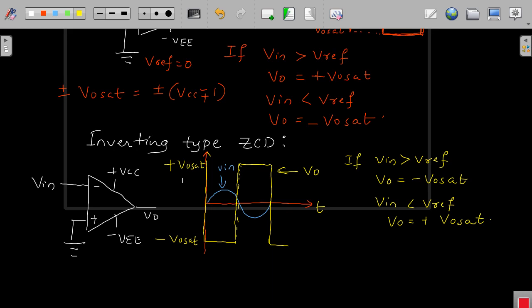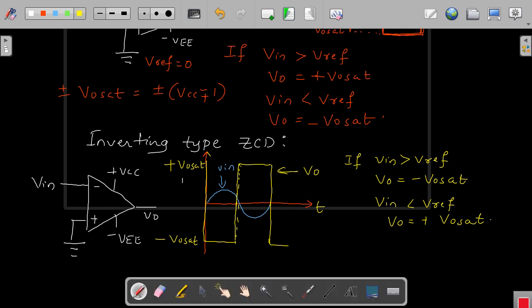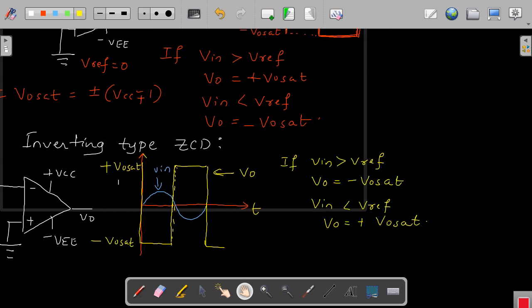Okay. So now we will try to look at one simple example to endorse the discussions which we have made in our previous slide.